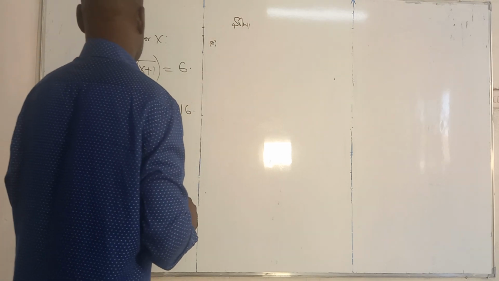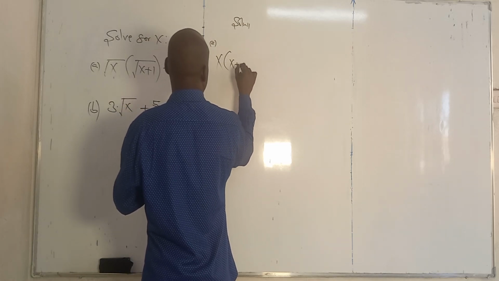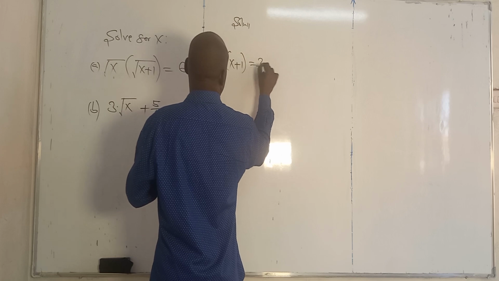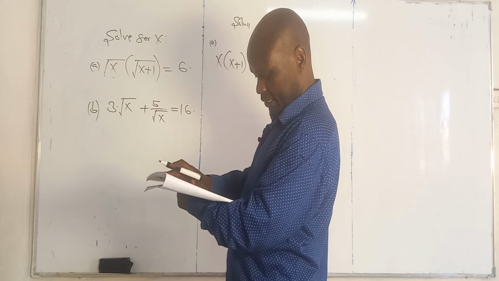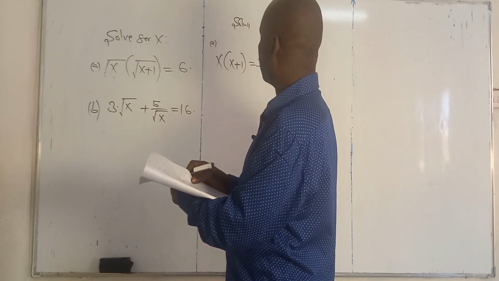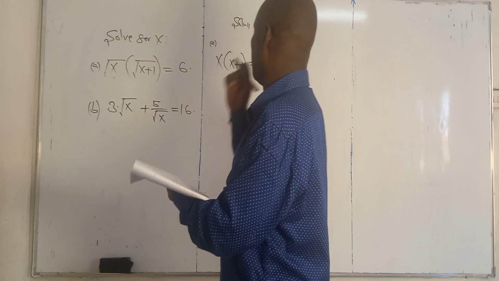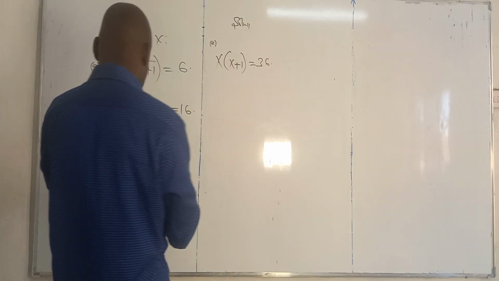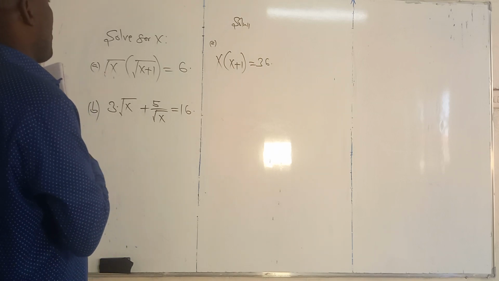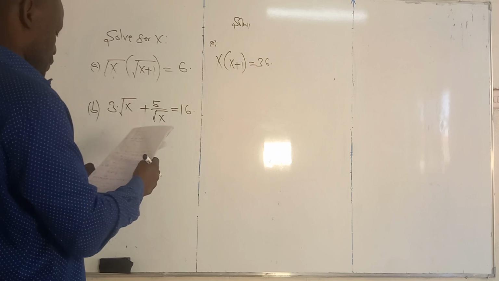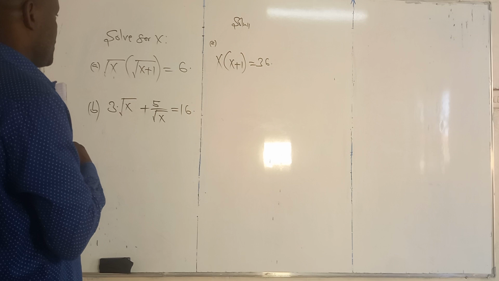If we do that, we end up with x into x plus 1 is equal to 36, because we are squaring both ends. That's the first attempt.